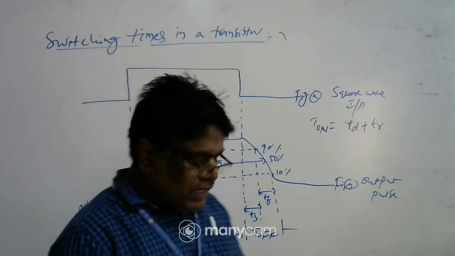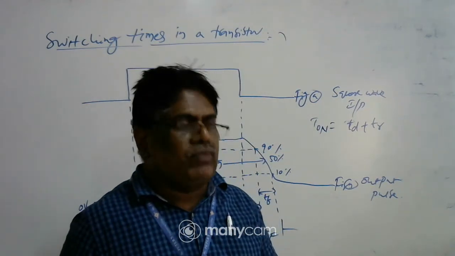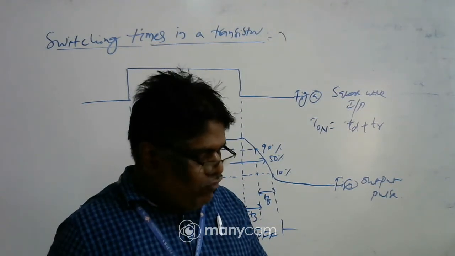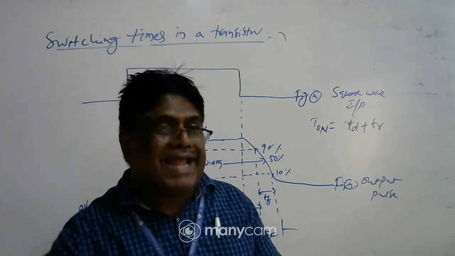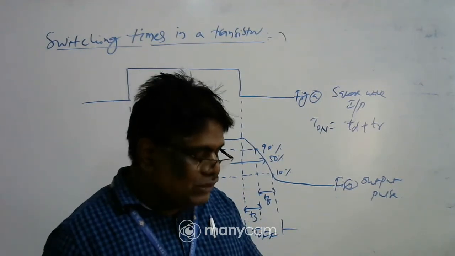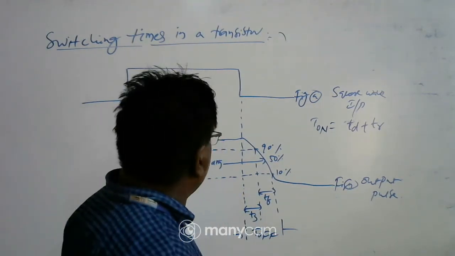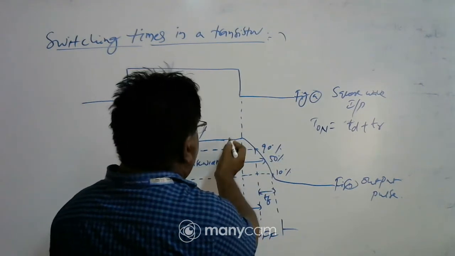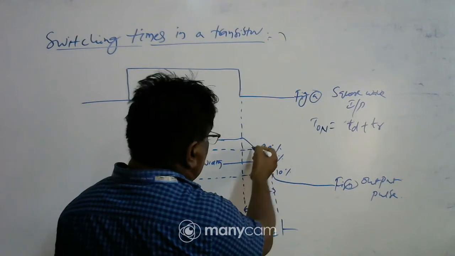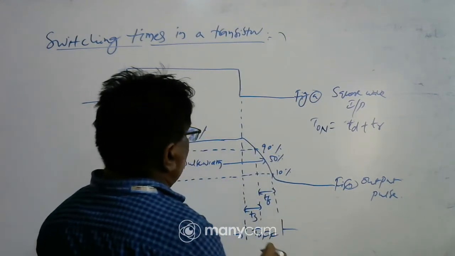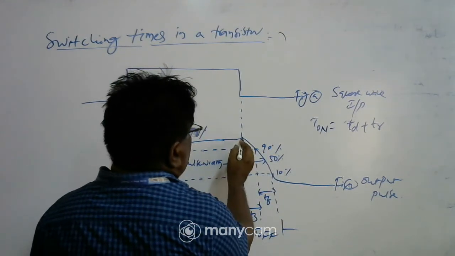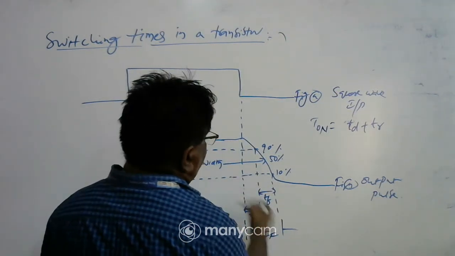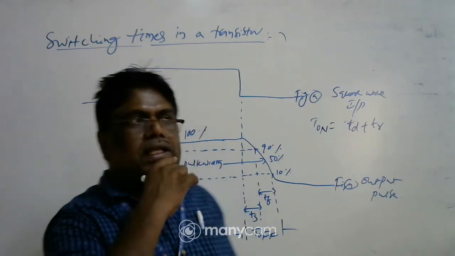The time interval between the end of the input pulse, the trailing edge, and when the output falls to 90% of its maximum value is defined as storage time. So maximum value 100% to 90%. This is called the storage time.